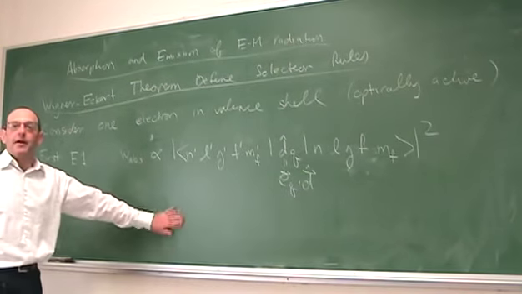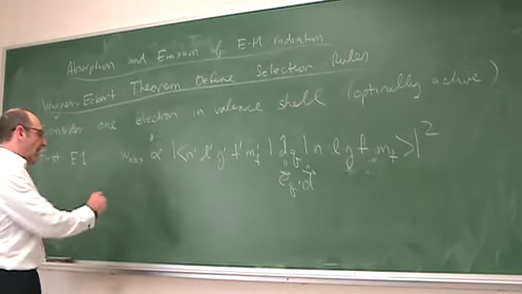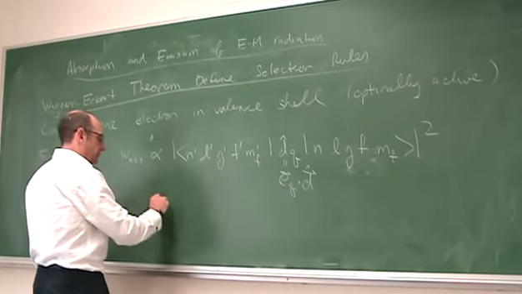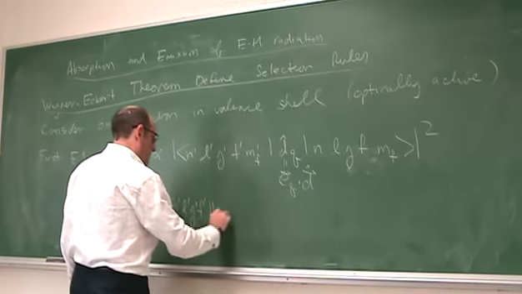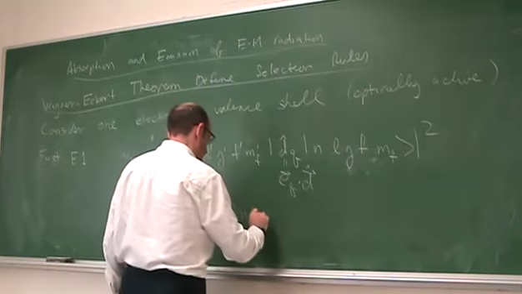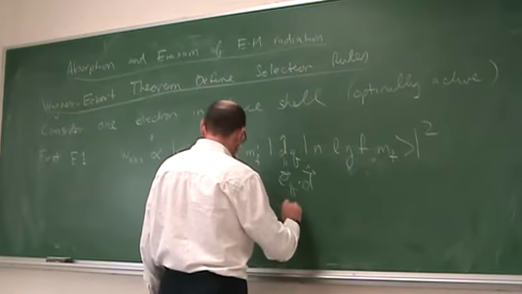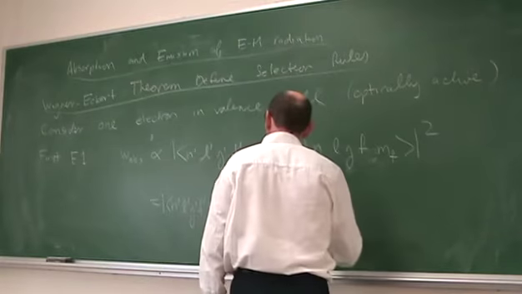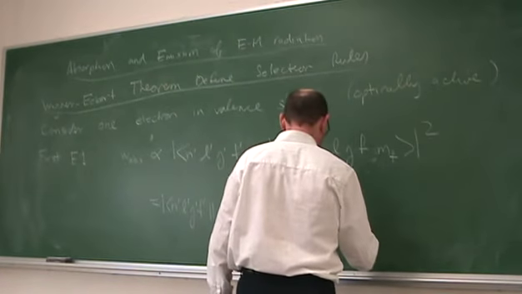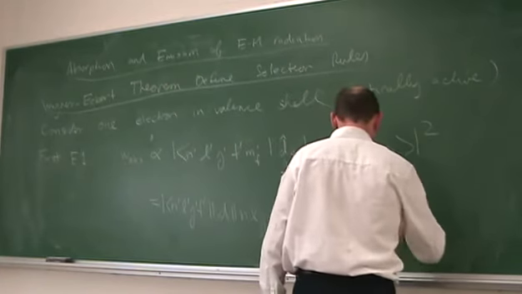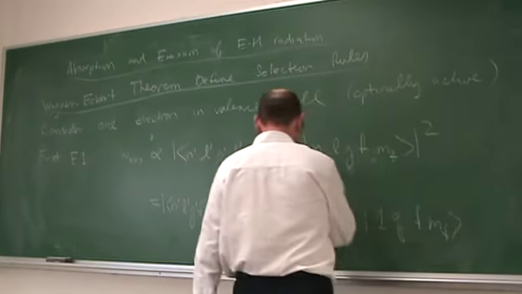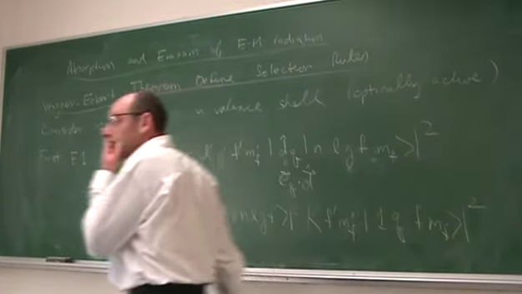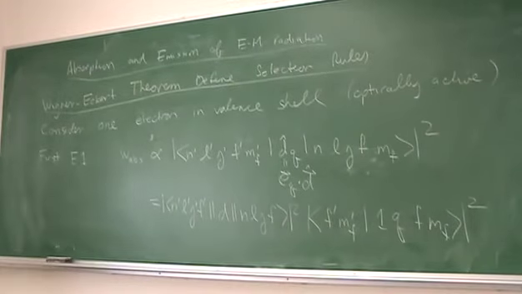What can we say about this? Well, from the Wigner-Eckart theorem, this is equal to the square of the reduced matrix element times the Clebsch-Gordan coefficient. In fact, the rate of absorption depends on the square of that Clebsch-Gordan coefficient.